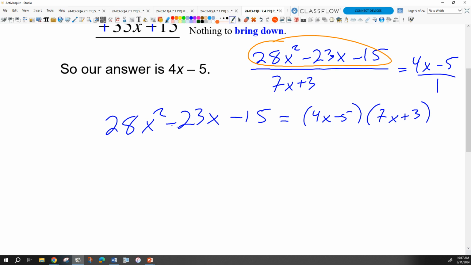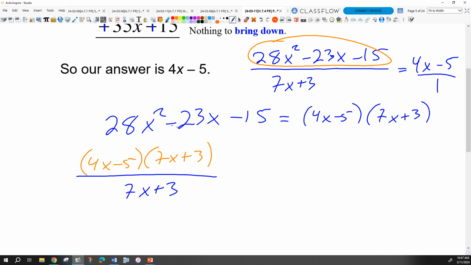So if I factored this thing, it would just look like 4x minus 5 times the quantity 7x plus 3, divided by 7x plus 3. So yeah, factoring would have worked here.